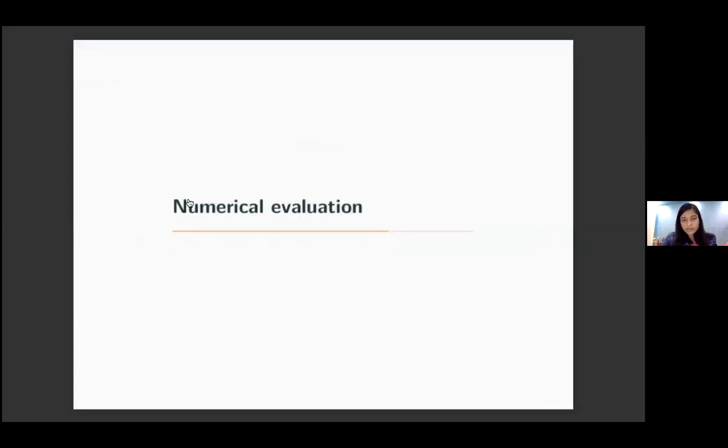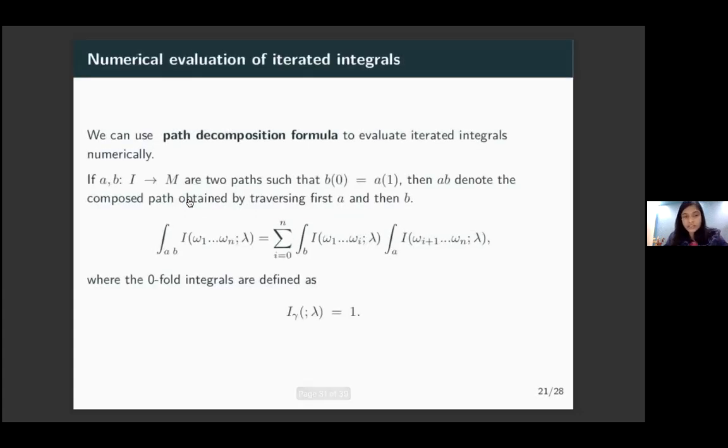Last but not least, I want to spend some time on the numerical evaluation. As I said, if I were able to write these in terms of G's or even elliptic polylogarithms, the numerical evaluation was easy. But now that is not the case. So we want to numerically evaluate these objects I. To do that, we can use the path decomposition formula to evaluate these iterated integrals.